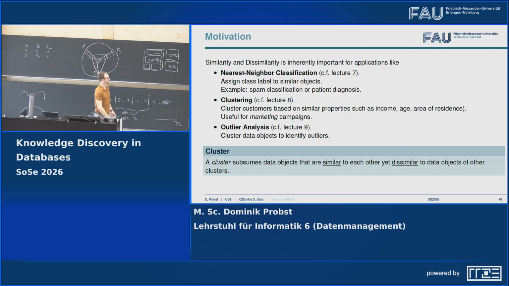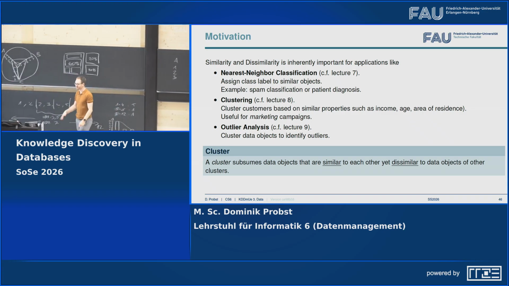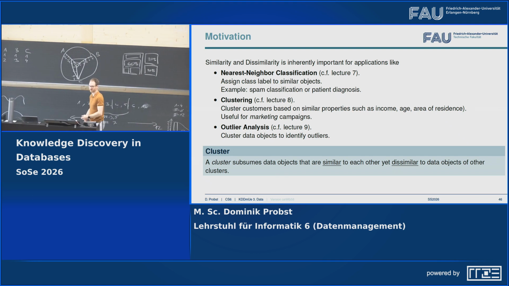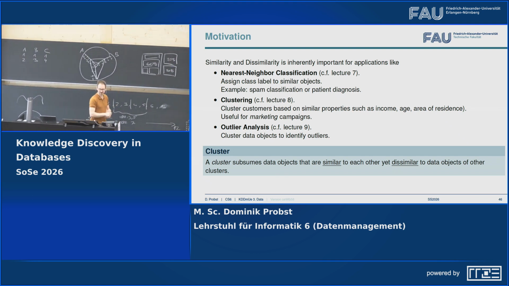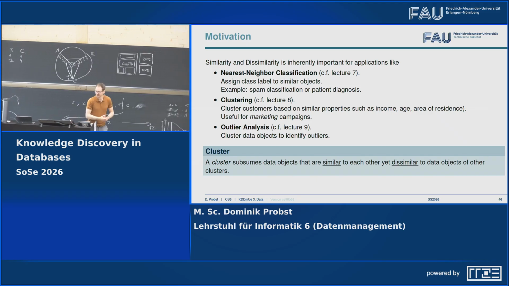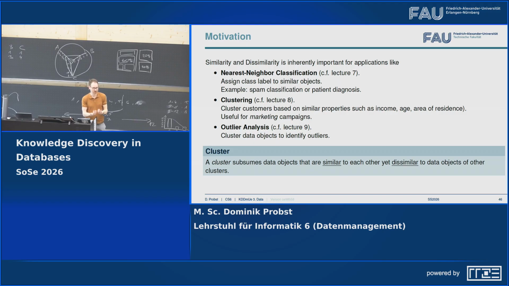I already talked about a cluster during scatter plots. So we can simply quickly define this. A cluster of data includes data objects that are similar to each other and yet dissimilar to data objects outside of this cluster.